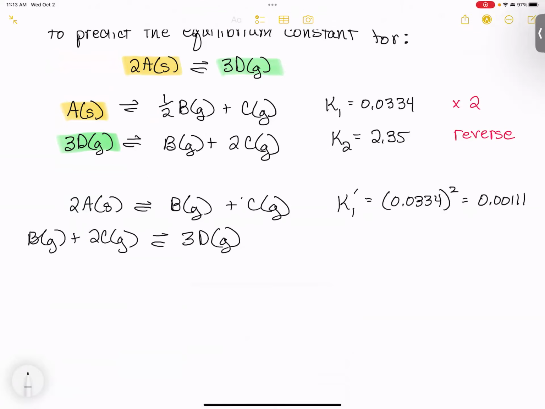Oops, I didn't multiply my 2. And my K2 prime is going to equal 1 over 2.35 because I reversed this reaction. So it's equal to 1 divided by 2.35, which is 0.4255.